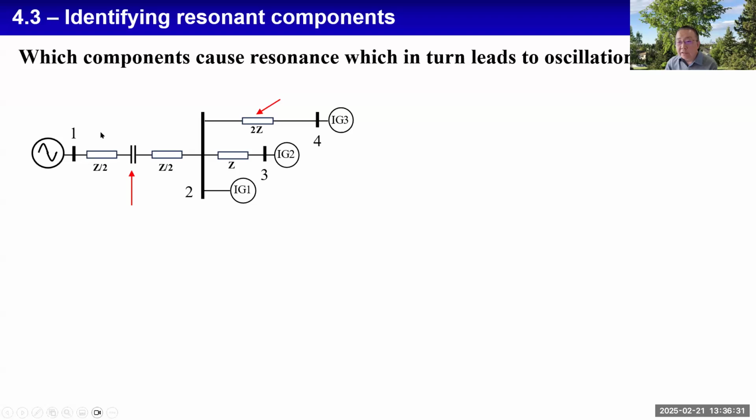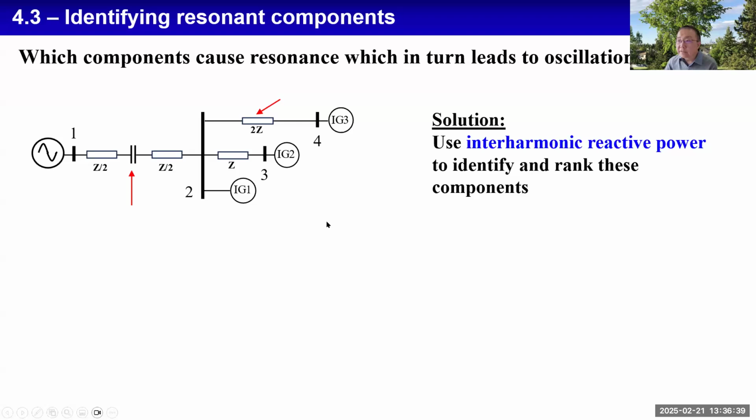Therefore, we know that resonance is associated with energy exchange between reactive power components. So the idea is that we can use interharmonic reactive power to identify and rank which components actually contribute to resonance.